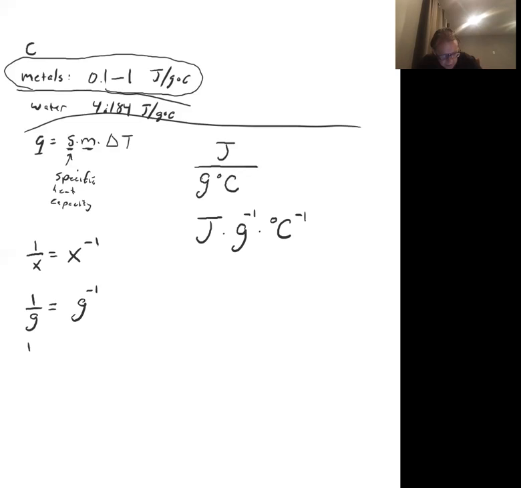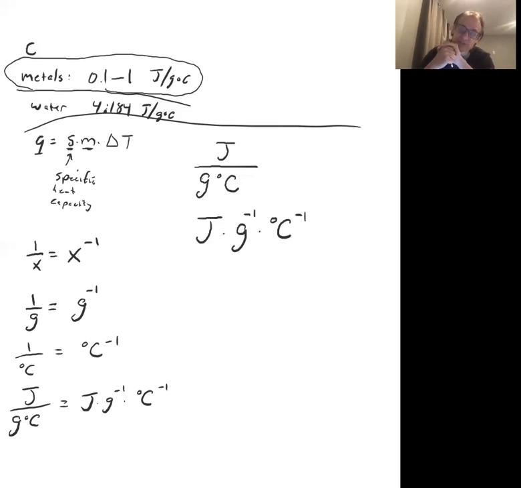If I do 1 over degrees C, that can be written as degrees C to the minus 1. So for that reason, joules over grams over degrees C can be written as joules times grams to the minus 1 times degrees C to the minus 1. So you may see that symbology used for the units when you do these problems. Okay.